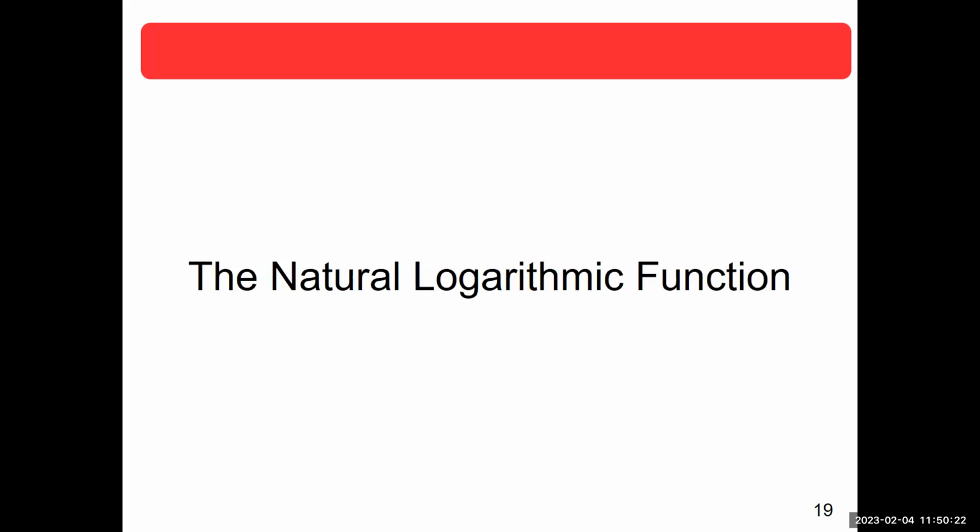Remember, we also have natural logarithmic functions. If we said x equals a to the power y, and we said y equals log base a of x. Now, if we say x equals e to the power y, then y is equal to log base e of x.